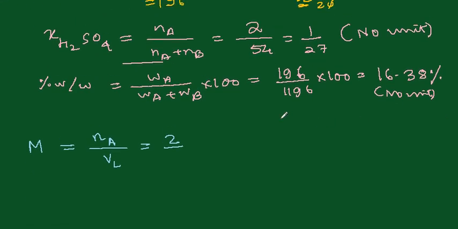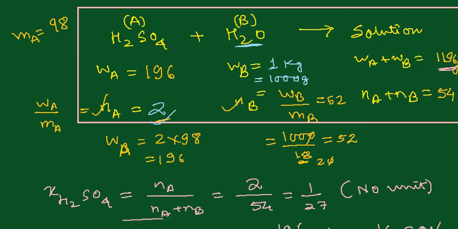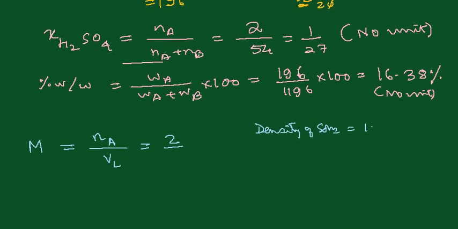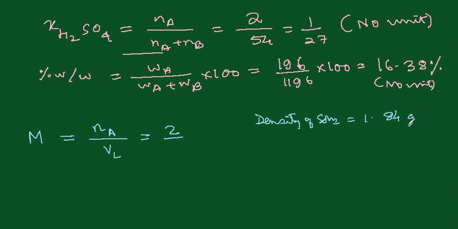So if we just focus on the density of solution, which is 1.84 gram per ml, we have the density formula as mass of solution, that is the weight of the substance, over the volume of the solution. Let's say we want it in liter, so we'll have it like this.